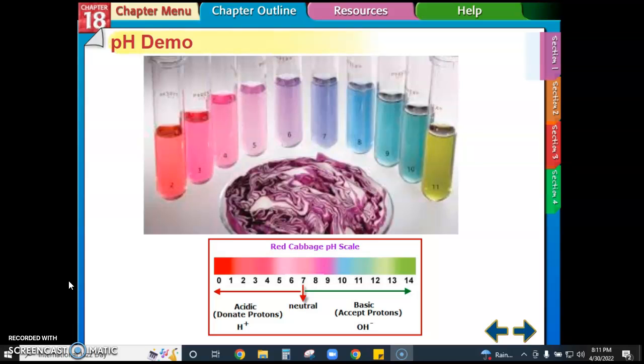Down on the more red end of the spectrum, you've got acids, and towards the more bluish greenish end are bases. In that picture, from 2 to 3 to 4 to 5 to 6 to 7 to 8, the colors change, and we use those pH indicators to help us see what range the pH of a solution is in.